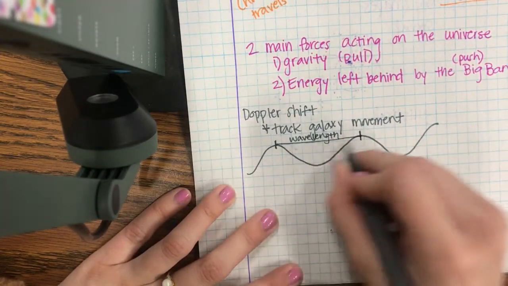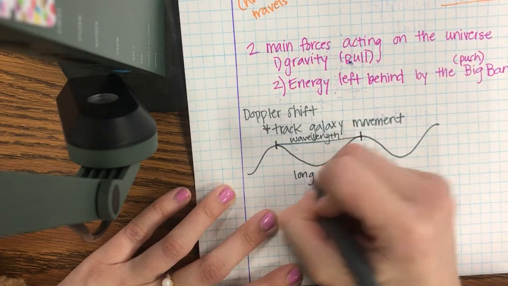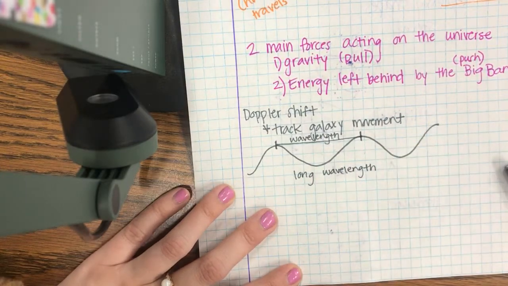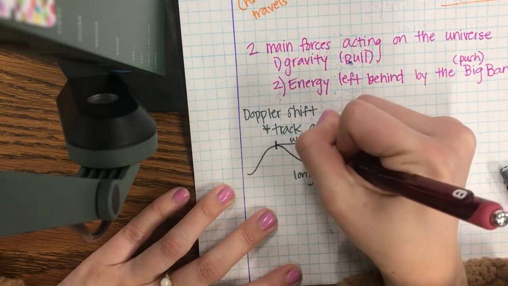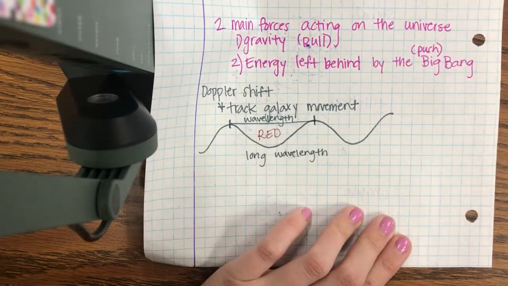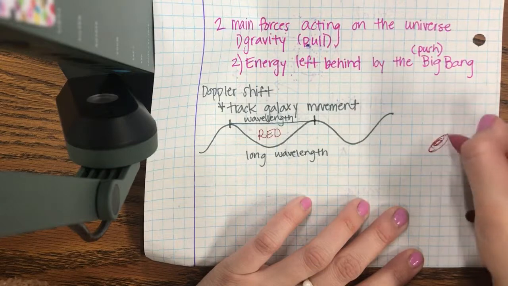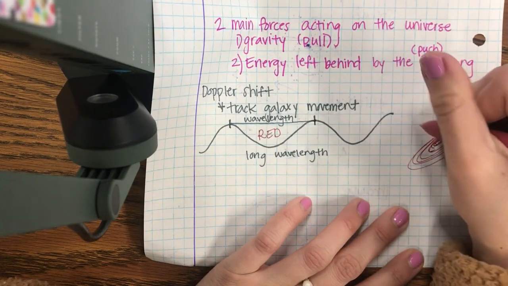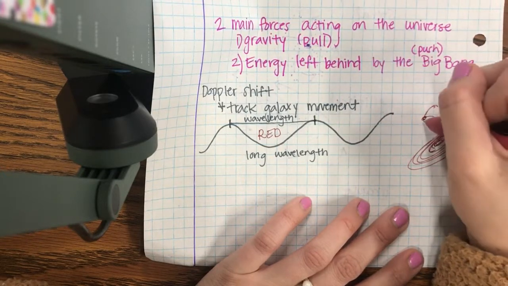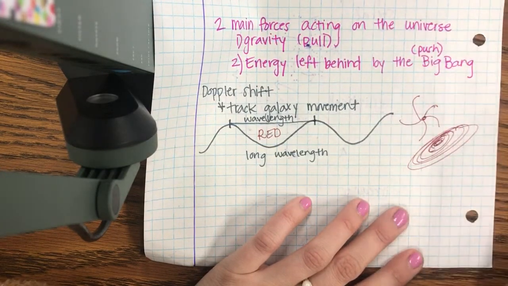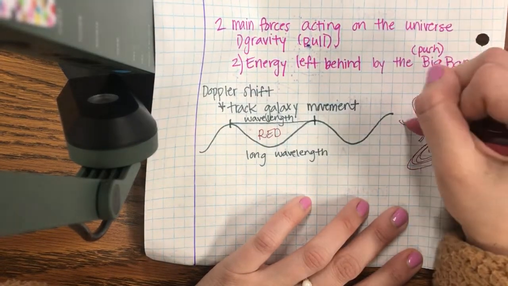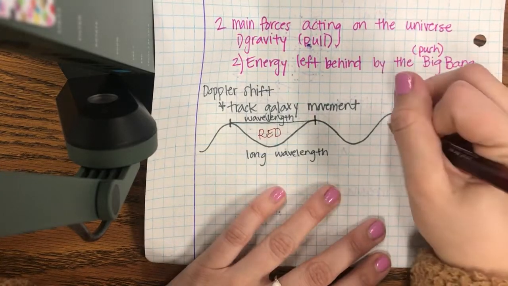And if it's long like this, a long wavelength, we will see the color red. So galaxies will appear red. And when they're appearing red, they are moving away from the Earth.